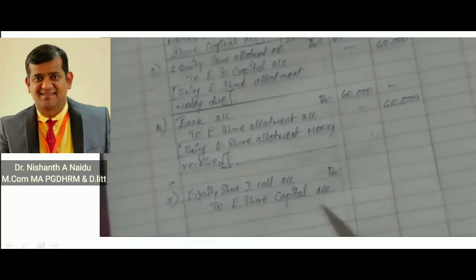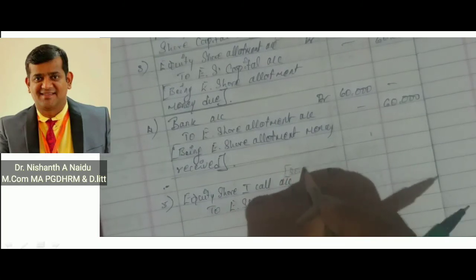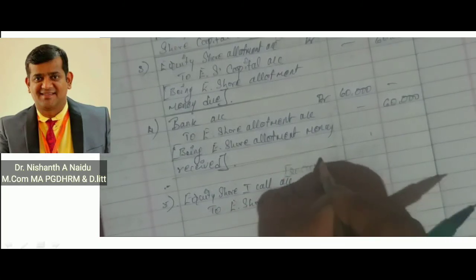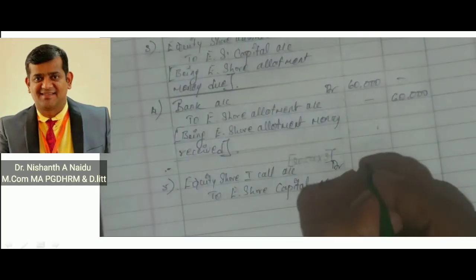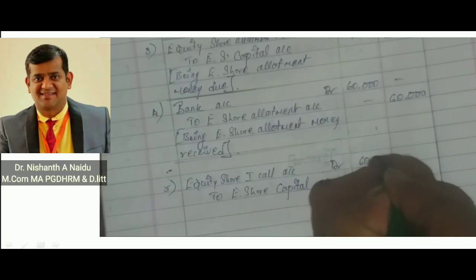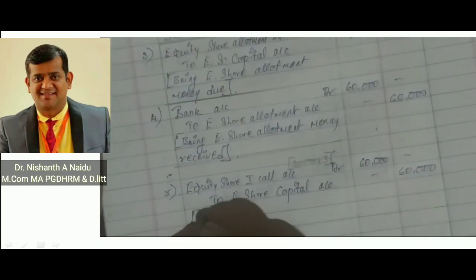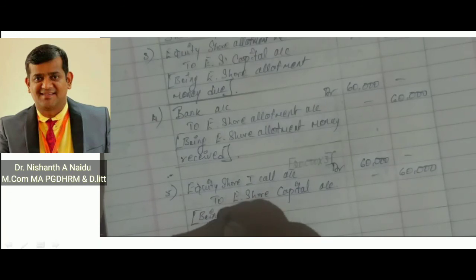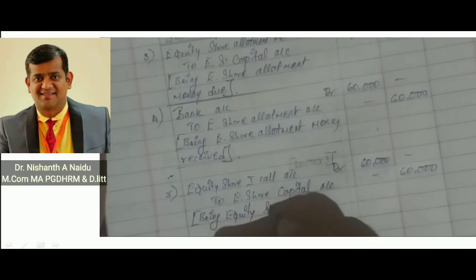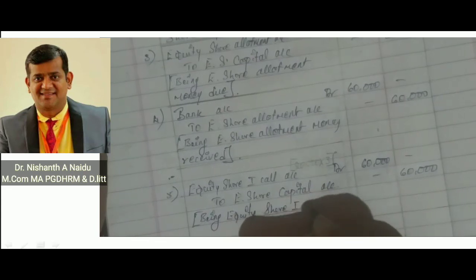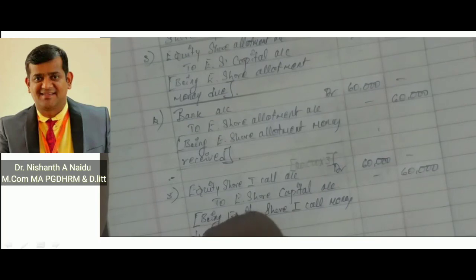So 20,000 shares. First call money is how much? At rupees 3. 20,000 shares at rupees 3. So 60,000. Being equity share first call money due.